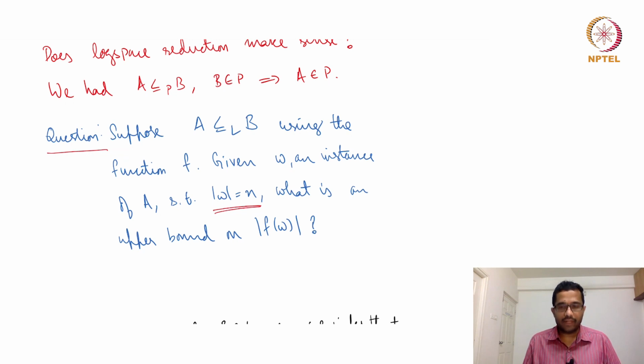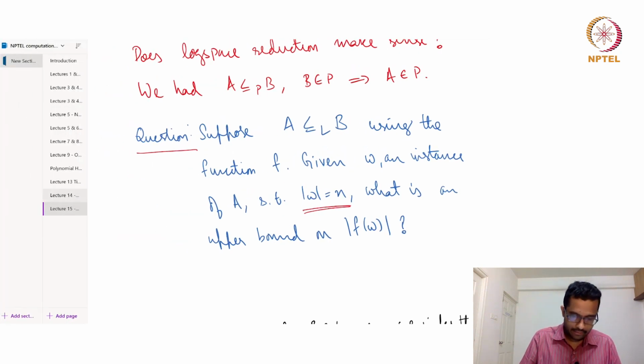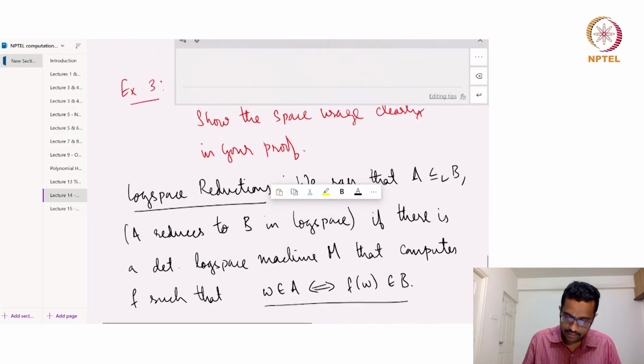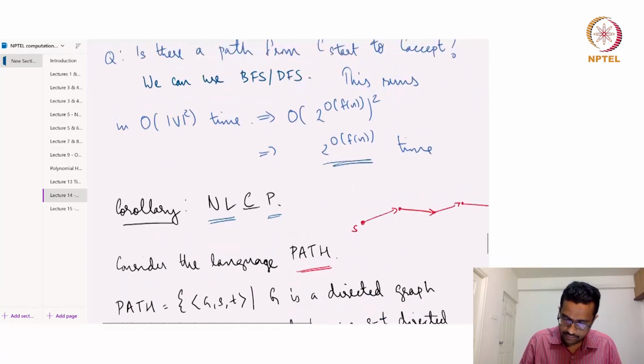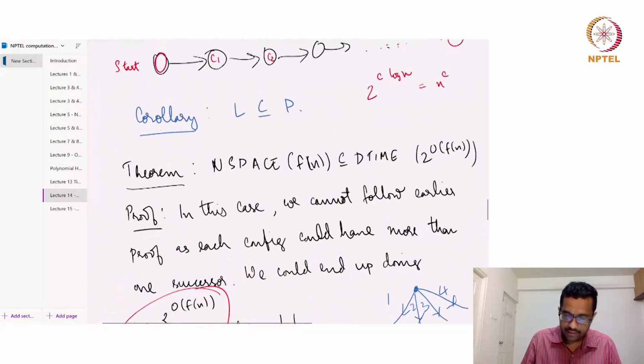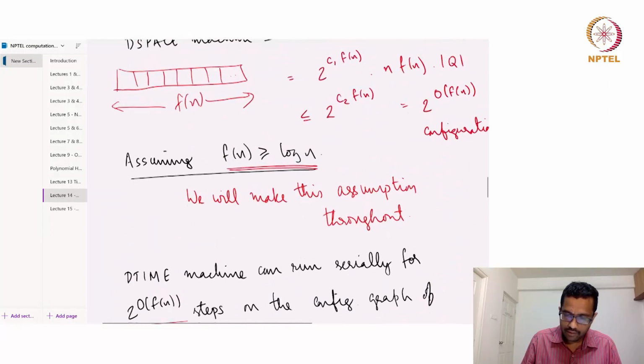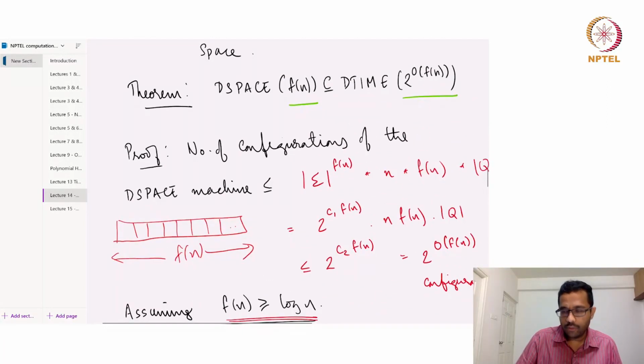It can take a lot of time because, as we saw in the previous lecture, DSPACE(f(n)) is contained in DTIME(2^O(f(n))), because there could be that many configurations.